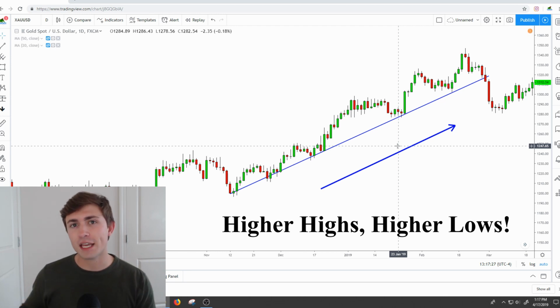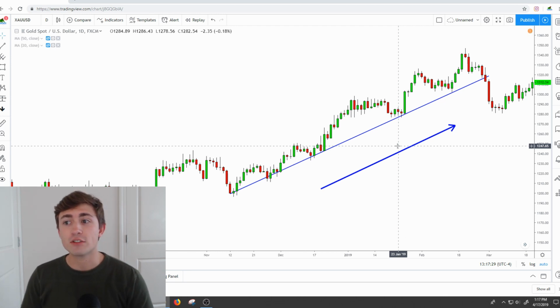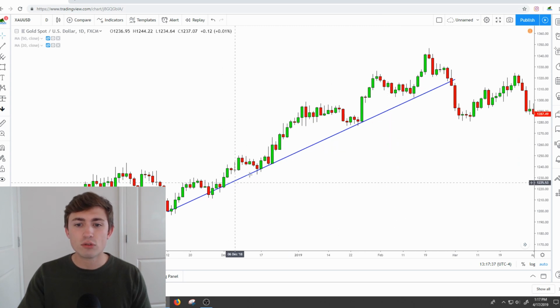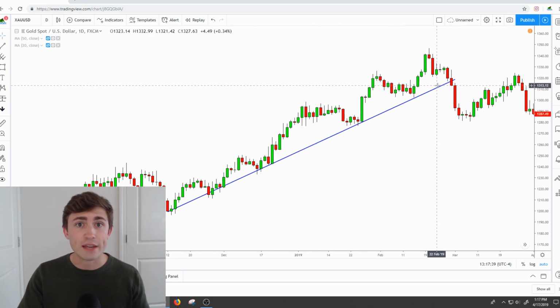This was a clear indication that price was very strong and very held by the bulls, which created this very strong uptrend that we see here. However, there came a point in this trend where we saw something change. Now, this change could have actually been our first clue that the market was ready to start to head south.